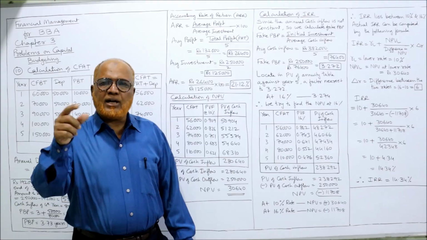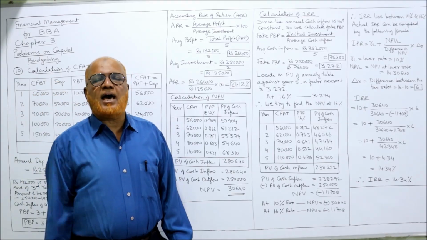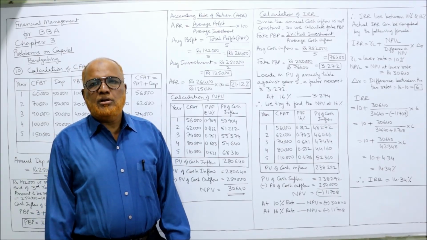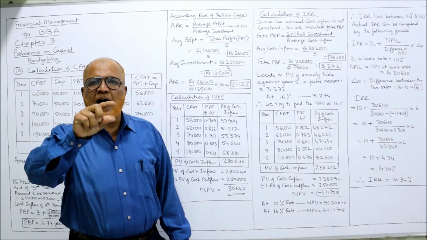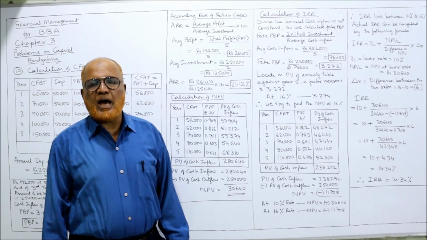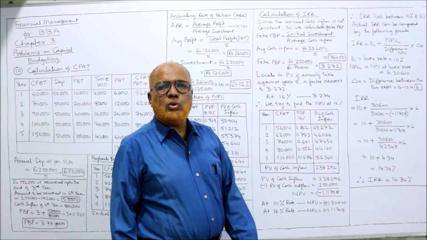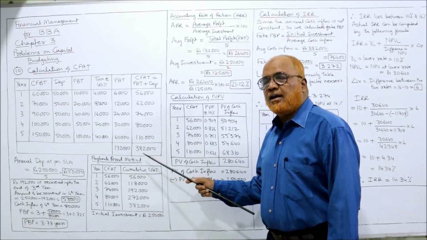The formula for actual PBP is initial investment divided by constant annual cash inflow. But here it is not constant. So formula for fake PBP, initial investment divided by average cash inflow. What is the total cash inflow of 5 years CFAT? You can see 3,82,000.